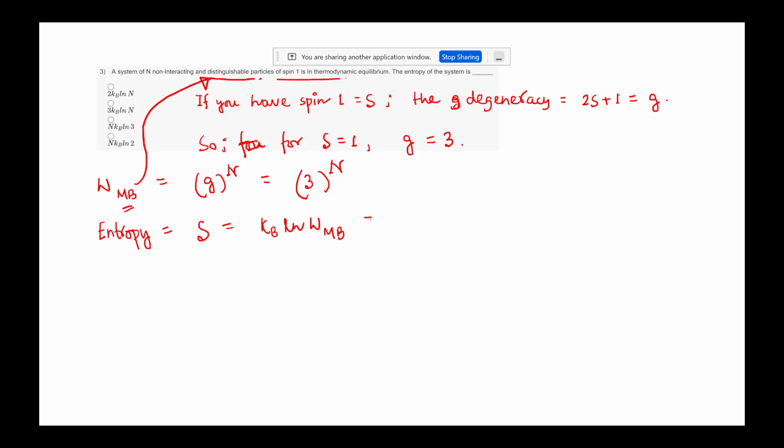Okay, and if you put 3 to the power n here, that becomes n Kb ln 3. Pretty simple, right? This is the right answer. Okay, got the point?